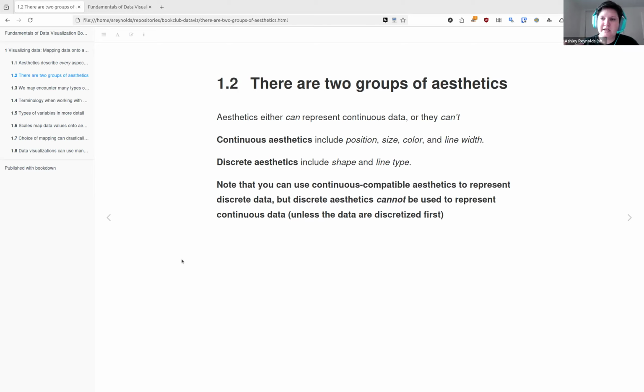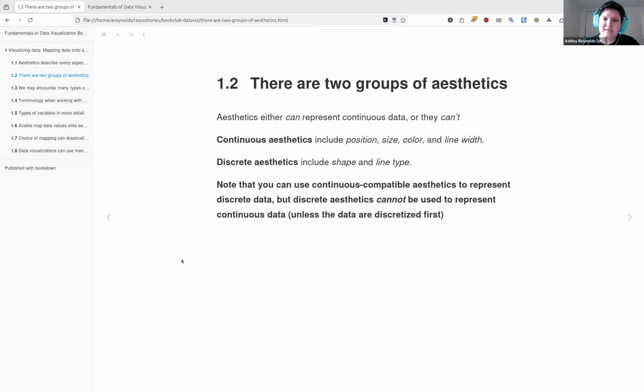These are basically anything that can have a whole range of values with very many intermediates. So you can basically infinitely change these aesthetics. Discrete aesthetics include things like shape and line type.